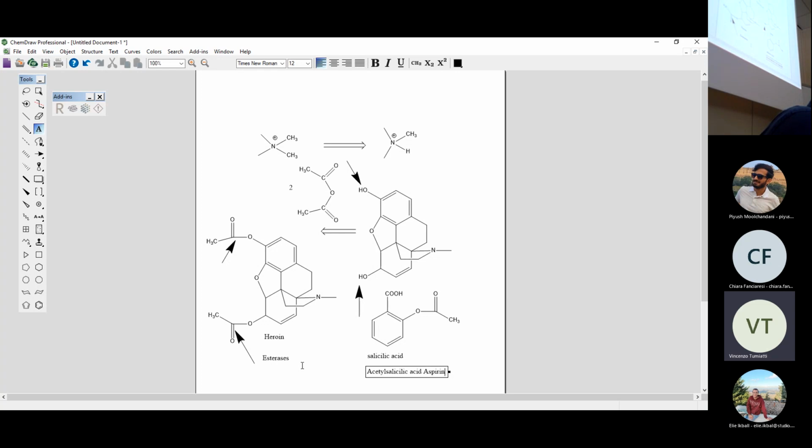Aspirin can be used orally. Good activity, low side effects. And so, after this transformation of salicylic acid into acetylsalicylic acid, they decided to make the same transformation on morphine. So these two compounds, heroin and acetylsalicylic acid, are like two sisters. Same reaction, same period, same company, same logic.